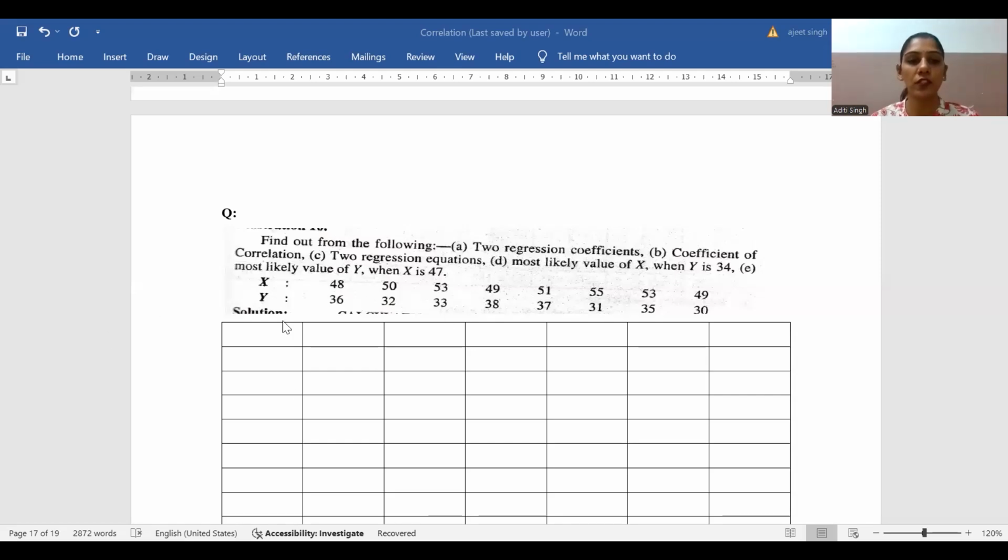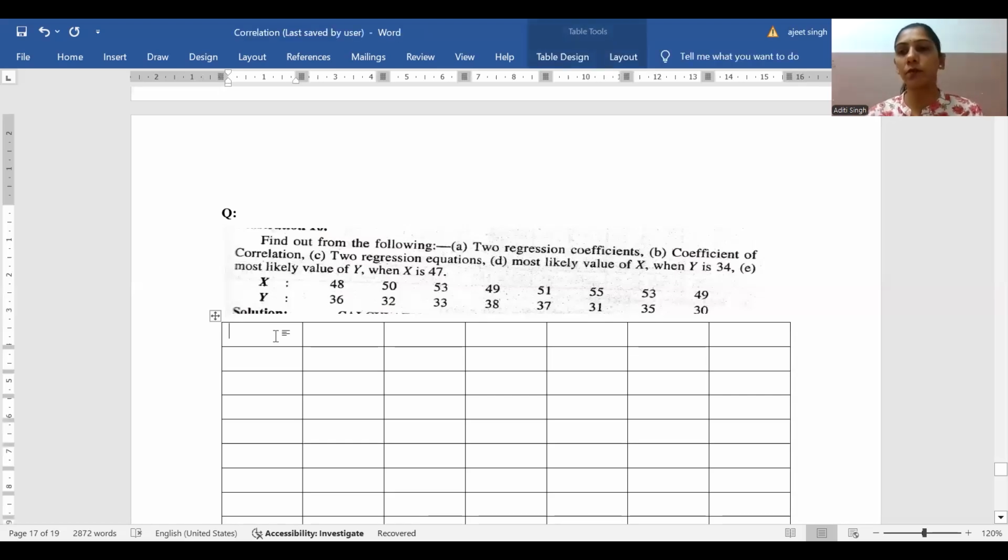So let's first write down the series in a table so that we can find out the mean for both the series, x and y. Now let's first put the values of x: 48, 50, 53, 49, 51, 55, 53, and 49.